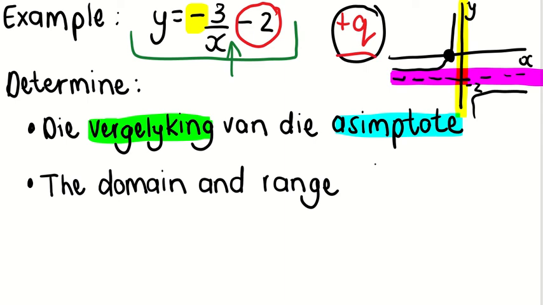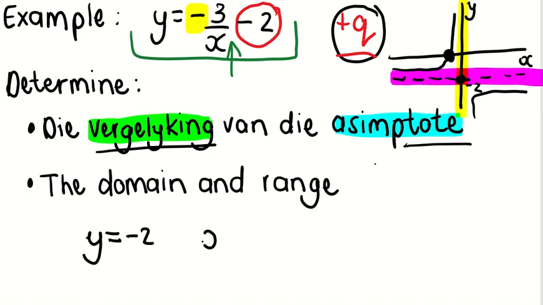Okay, so how do we show that in equation form? So, omdat dit net die y-as sny, is die maklikste onthou, al wat jy dan sê is, y is gelyk aan -2. Okay, but there is actually two asymptotes. Dis asymptote 2. So jy het een wat deur die x-as ook gaan.